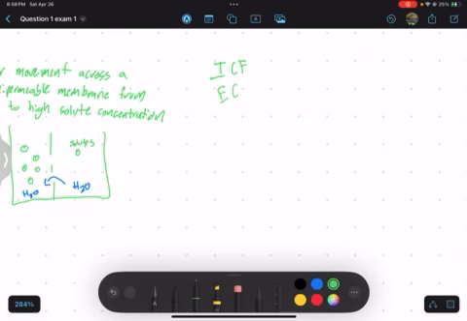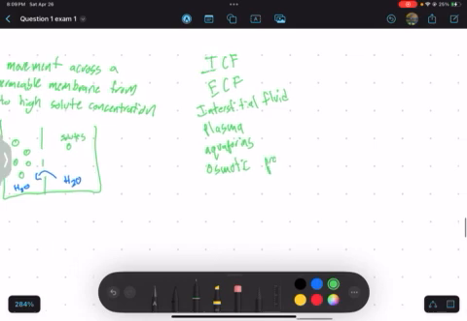We're going to cover extracellular fluids, interstitial fluids, plasma, aquaporins, osmotic pressure gradients, solutes, and chemical disequilibrium.